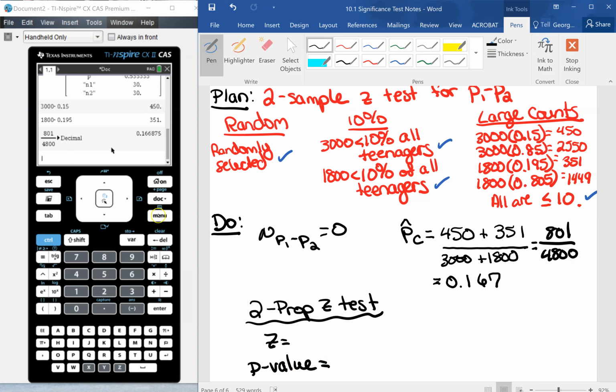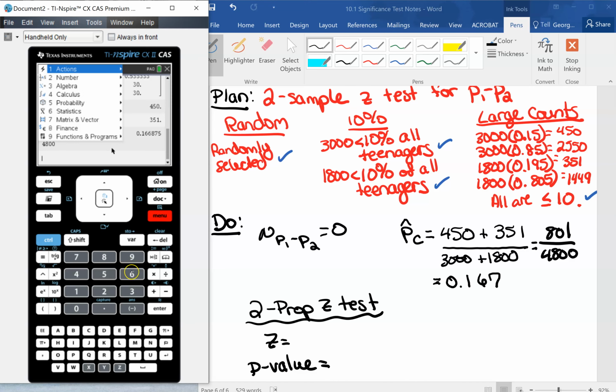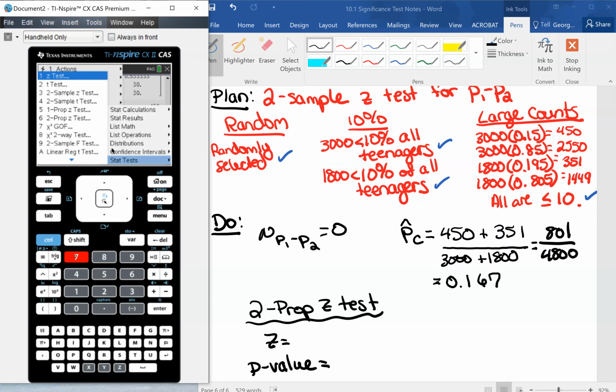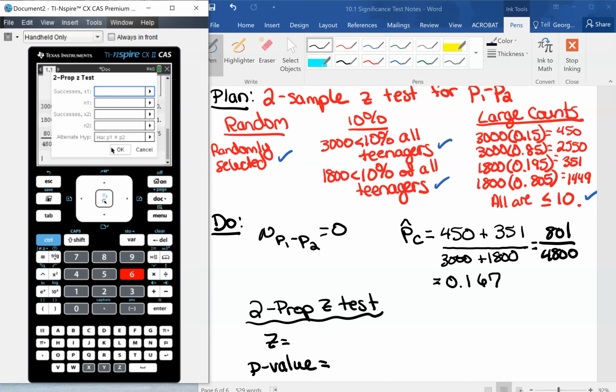So we're going to do menu, stats, which is 6, stats test, which is 7, and then 2 prop z is 6. Then we fill in our information. You can pull it straight off that chart we made up at the top. So it's 450, and the sample size was 3,000. For our second proportion, we had 351 successes and 1,800 for our sample size.